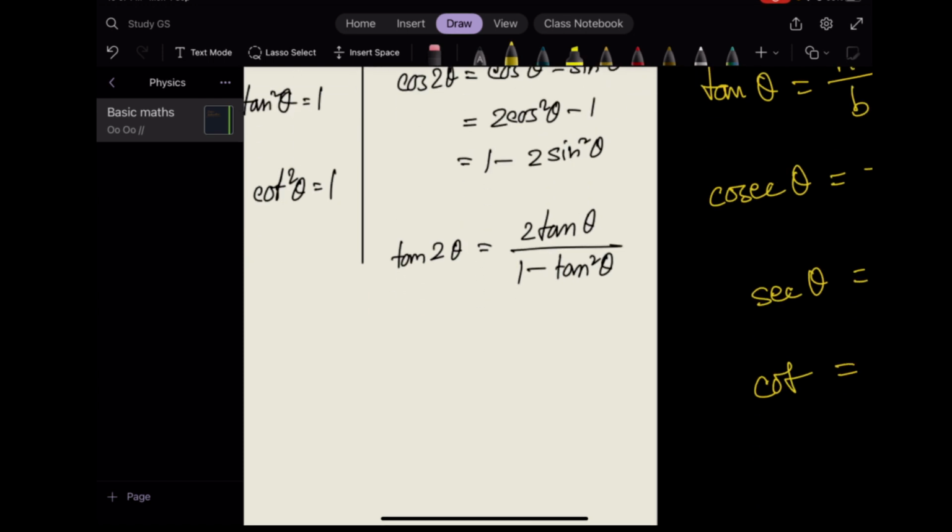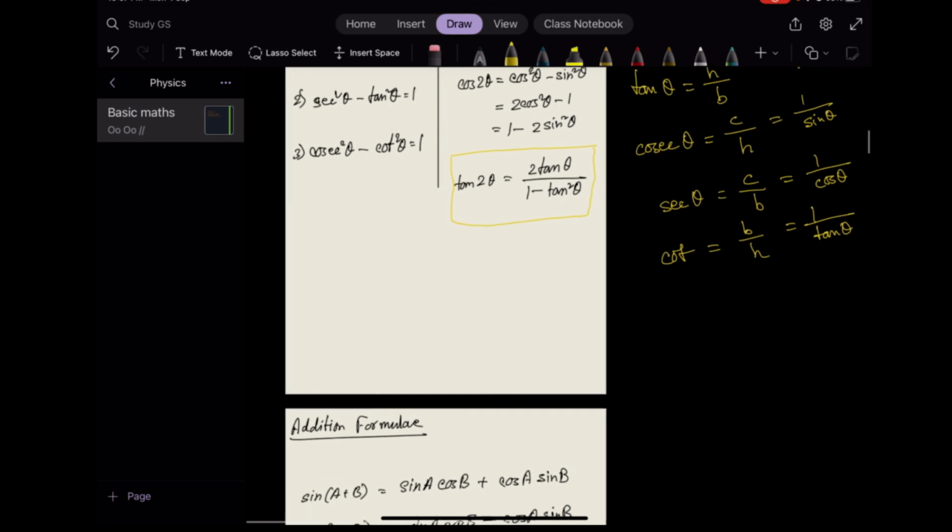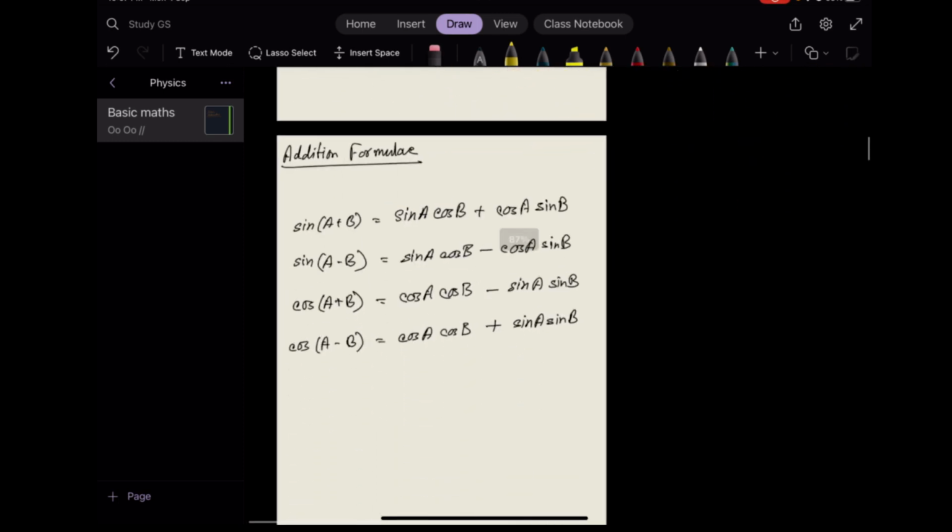One of the most important formulas, and I feel that in most of the problems you will have to apply this particular formula, is tan 2 theta equal to 2 tan theta divided by 1 minus tan square theta. Now there are some addition formulas.